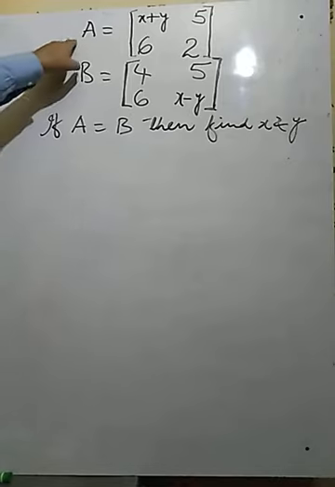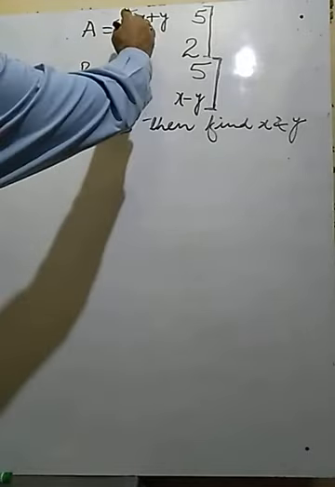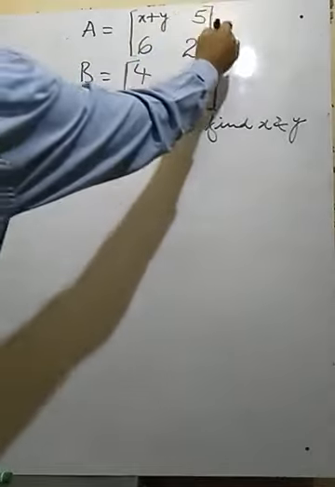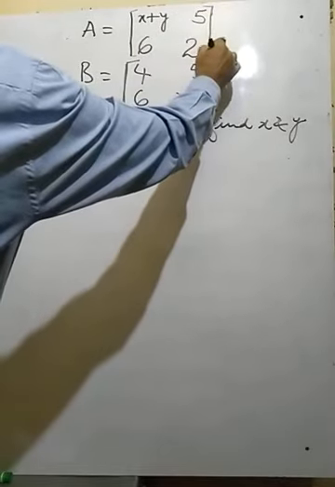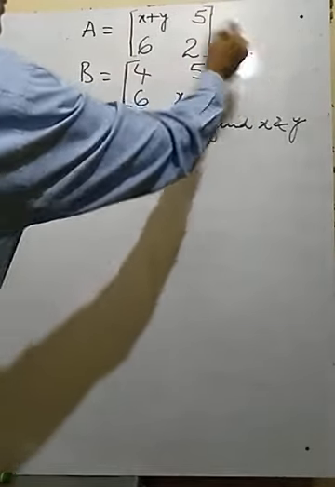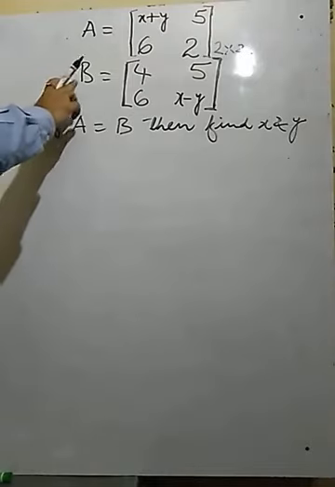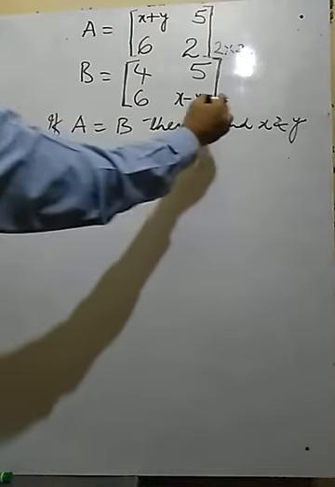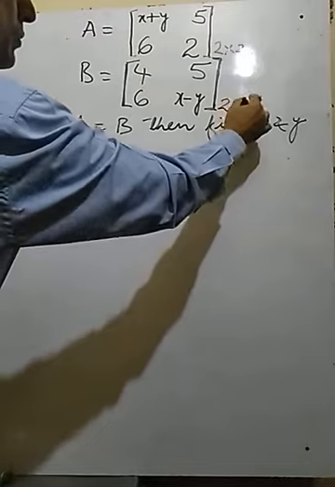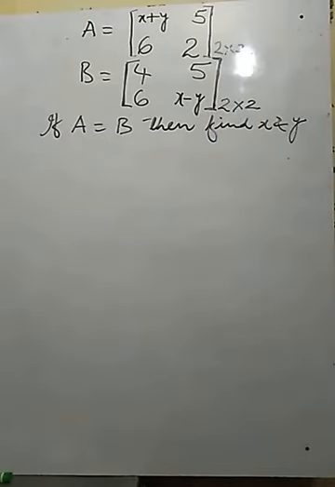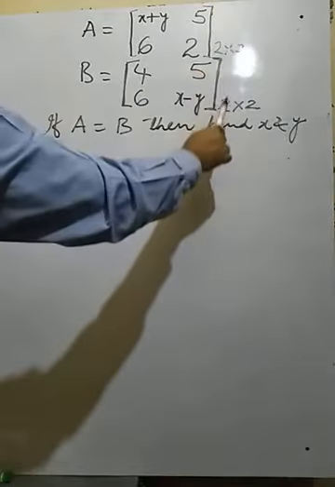A is a matrix of order 2 by 2. You may observe 2 rows and 2 columns. So this one is 2 by 2. B is also of order 2 by 2. You may observe the first criterion here. This one is 2 by 2 and this one is also 2 by 2.